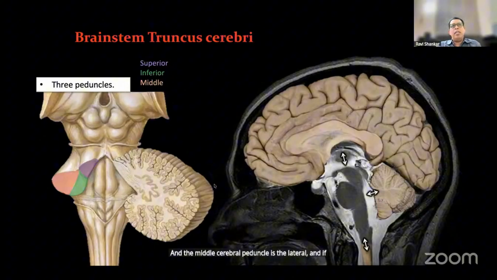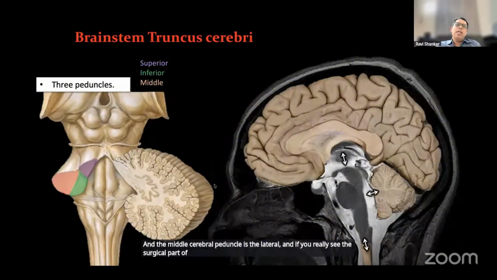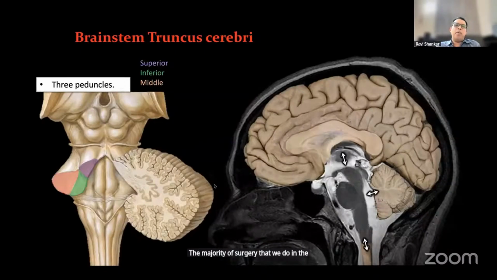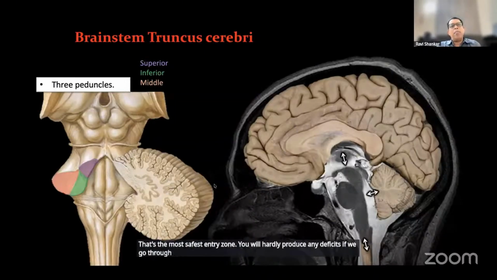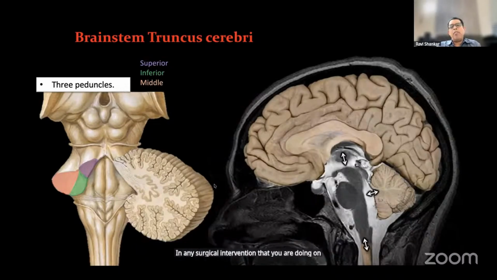In surgery on the pontine part of the brainstem, the middle cerebellar peduncle is the safest entry zone. You will hardly produce any deficits if you go through it in any surgical intervention on the pontine part of the brainstem.